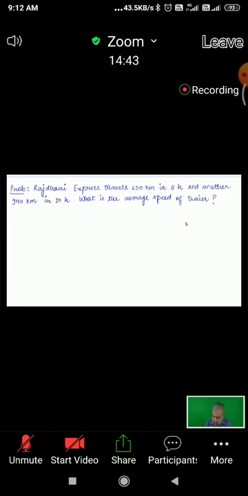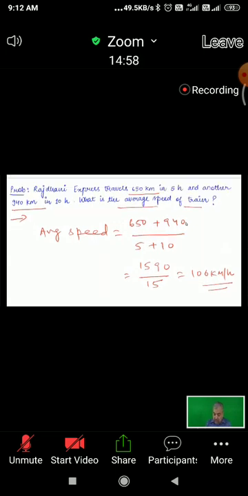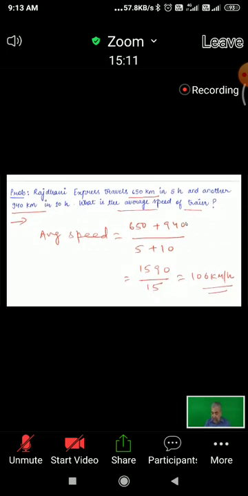Just a minute. I'm sharing the screen. You can see. So Mukul Gupta, this is the first slide and you are joining late. You can see average speed, total distance traveled, that is 650 plus 940 kilometers divided by total time taken, that is 5 plus 10, so 1590 by 15, and answer is 106 kilometers per hour.